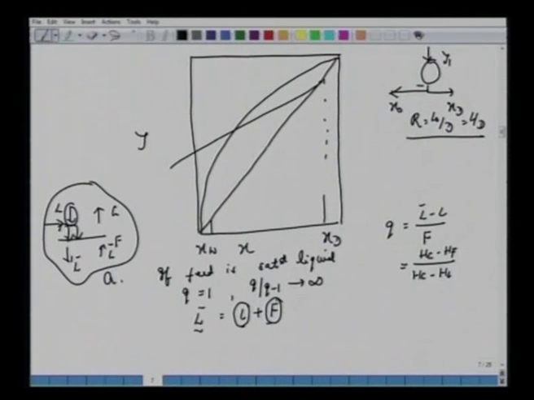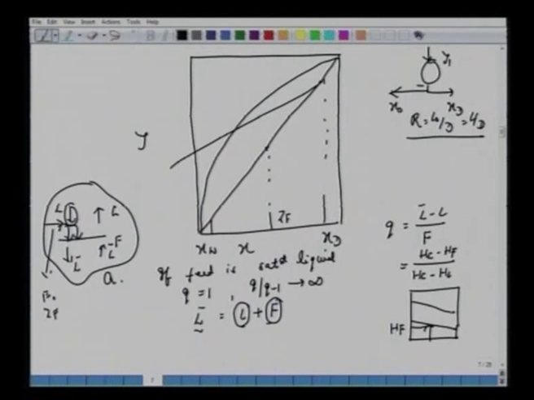So now let us mark ZF. So these are feed compositions. This is your F, this is your ZF. If we talk of this enthalpy HXY diagram, straight line, we are talking of this liquid which is right here. This is your HF, and HF is the same as your HL.